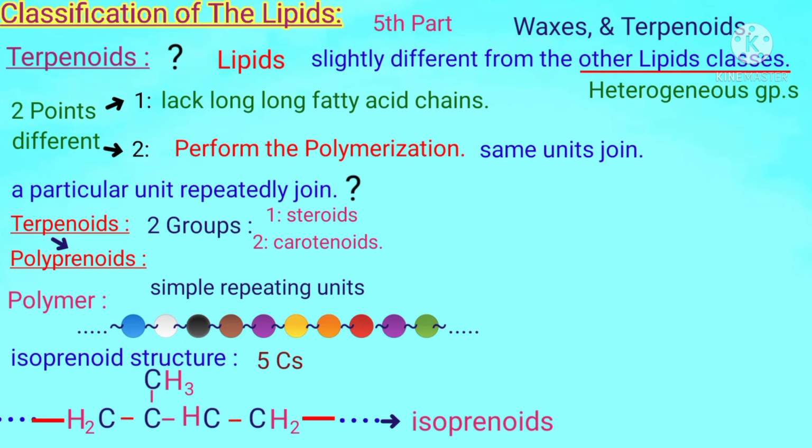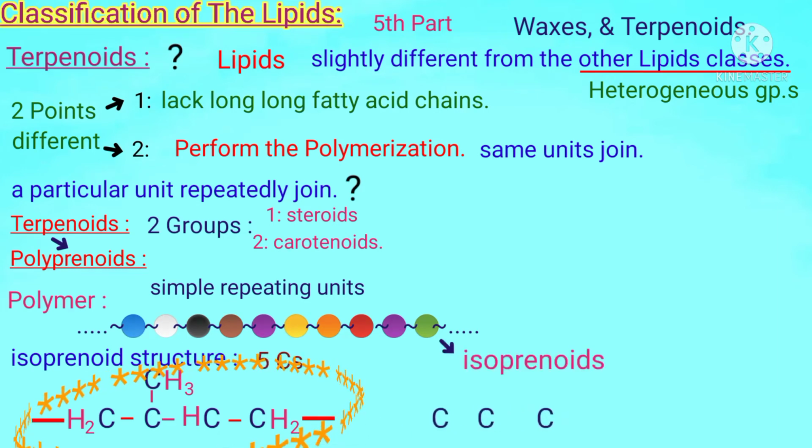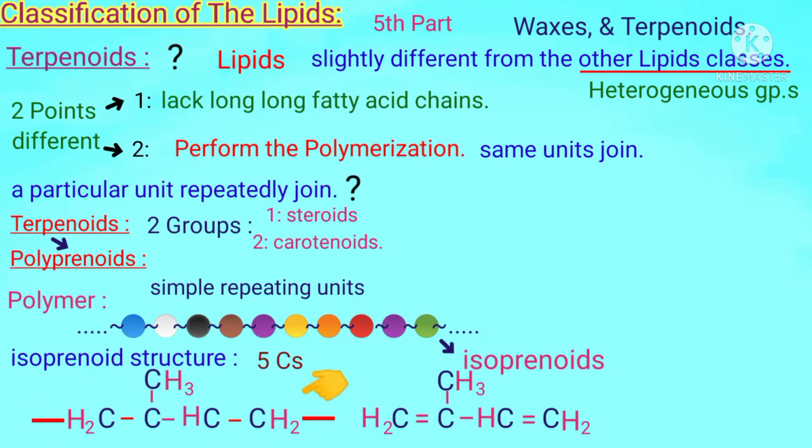The chain will extend on, so the double bond will break from both sides and the chain can extend on both sides. So like these, monomers will come and be attached to this isoprenoid unit. Further isoprenoids would come and be attached towards both sides.